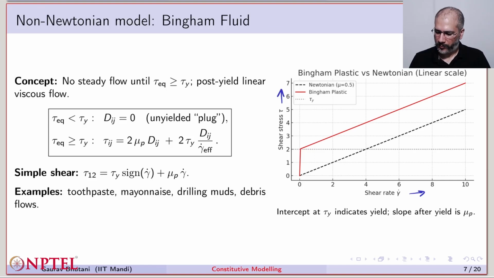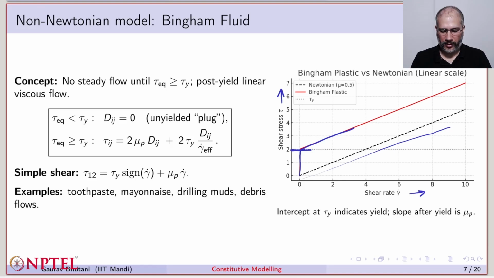We would expect a Newtonian fluid to show a straight line like we have here, the black dashed line, but a Bingham plastic or a Bingham fluid will have a very steep response in the beginning, which basically means that if we keep increasing the shear stress, there is no flow or no rate of strain, and then all of a sudden, beyond the threshold value, also known as the yield stress, the material starts to behave like a fluid.